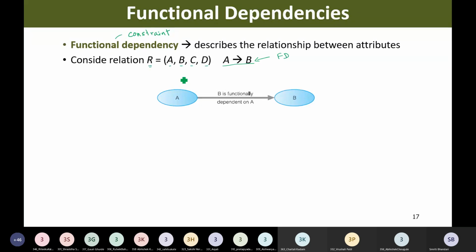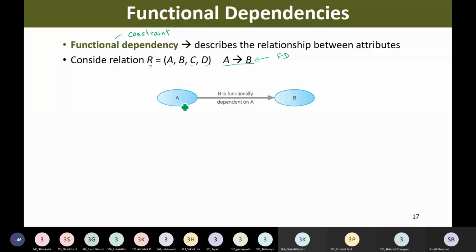A is an attribute of schema R, and B is also an attribute of schema R. If we have a functional dependency from A to B, this means that B is functionally dependent on A. Please understand it carefully.